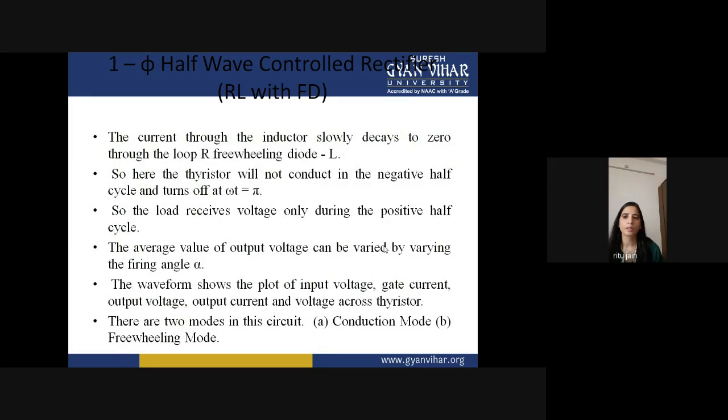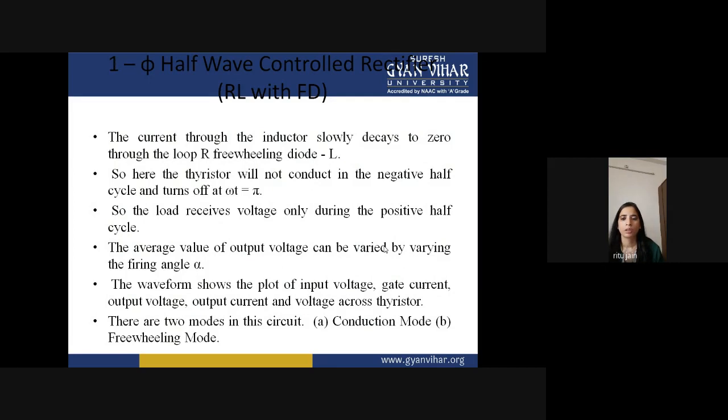So here the thyristor will not conduct in the negative half cycle and turns off at omega t equal to pi. So the load receives voltage only during the positive half cycle, and the average value of output voltage can be varied by changing the angle alpha. The waveform is shown in the diagram.